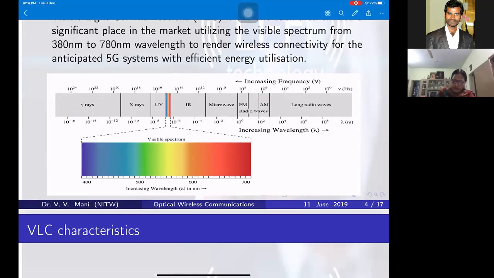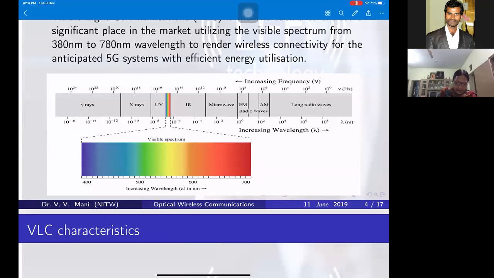Already these radio waves, 10 to the power of 6 to 10 to the power of 8, are filled. Then we are into 10 to the power of 10, that is microwave. This microwave is already filled because we are using it for satellites and other microwave applications. Then infrared. Infrared is covered with your TV remotes. The infrared band is also filled.